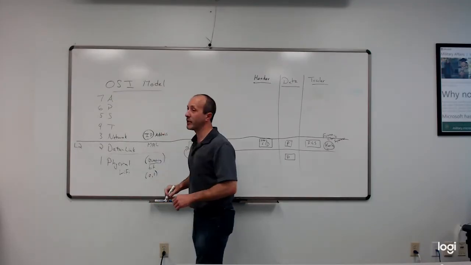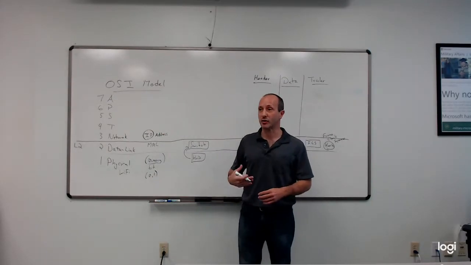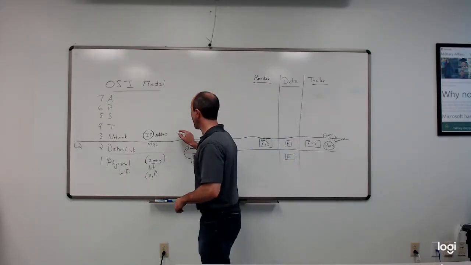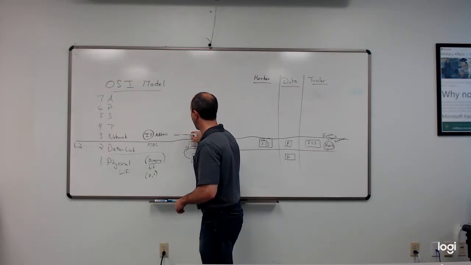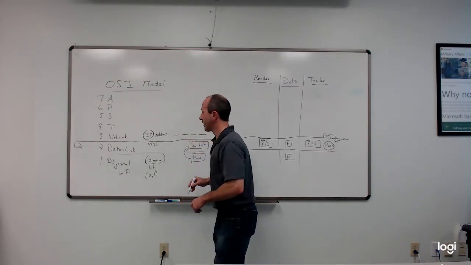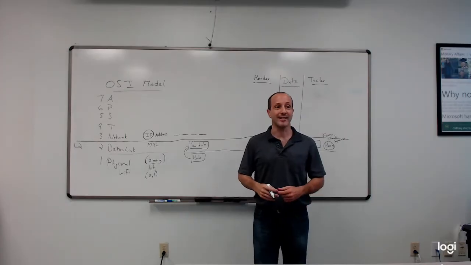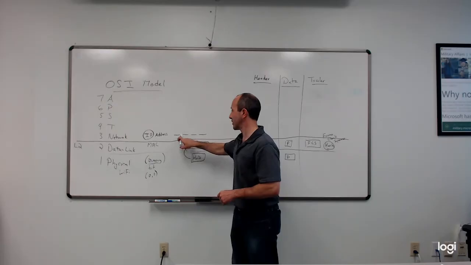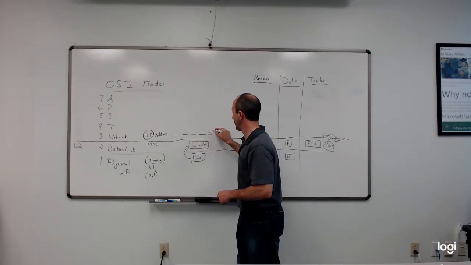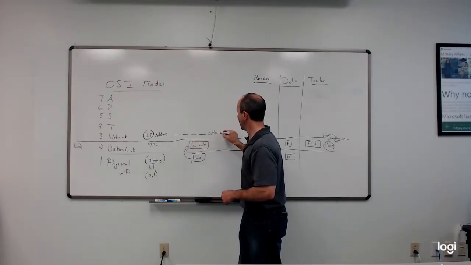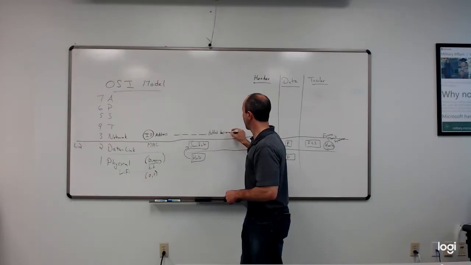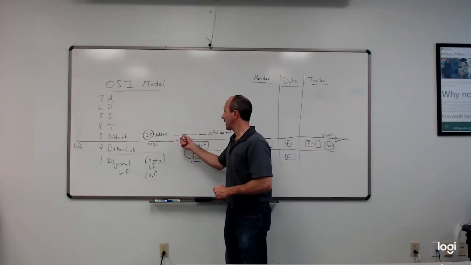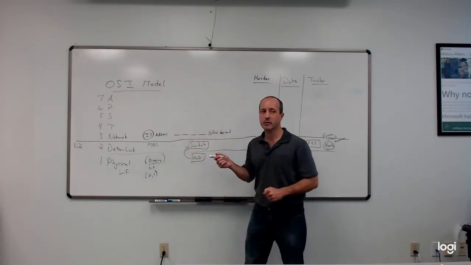Now we need to spend some time breaking down what an IP address looks like. It's in what we call a dotted decimal format. Dots and decimal numbers, so it's dotted decimal. Each one of these is what we call an octet.